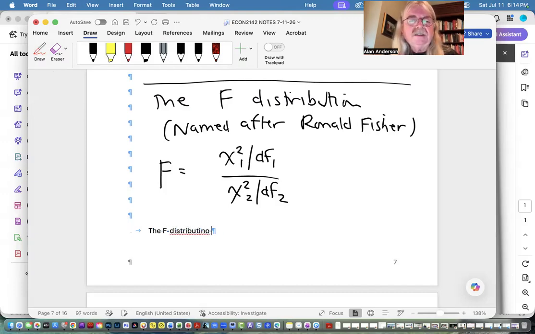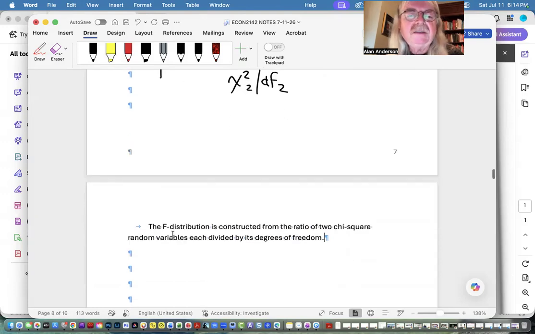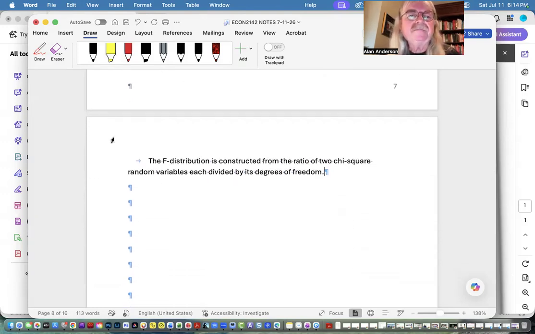It's constructed from the ratio of two chi-square random variables, each divided by its degrees of freedom. So what this means then is that like the chi-square, the F distribution is only defined for positive values.